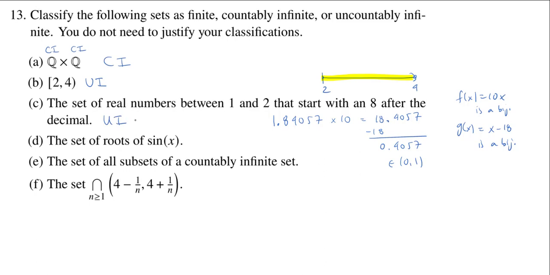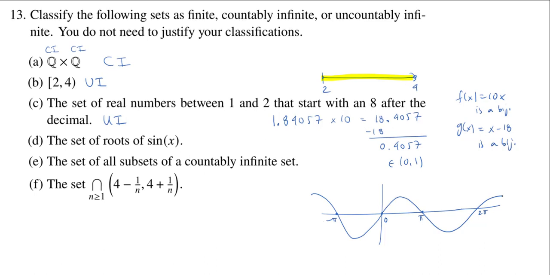All right, next we have the set of roots of sine of x. A lot of people said this was finite. I imagine it's because you're thinking of, well, sine of 0 is 0, and maybe sine of pi is 0, and you stop there. But of course, you know that the sine function goes on and on and on in both directions, and it's going to keep on hitting the axis all the time, at 0, pi, 2 pi, negative pi, and so forth.